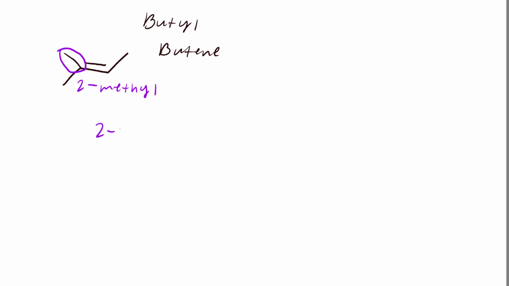We have a 2-methyl, dash, and then you have to say where the double bond is located. In this case, the double bond is going to be on the second carbon. So you say 2-methyl-2-butene. So if I were to give you this name and told you to write out the structure, you would know that this has 4 carbons because it's a butene, and because of this number 2 right there, you would know that you have to place a double bond on the second carbon, and on that second carbon is a methyl group as well.